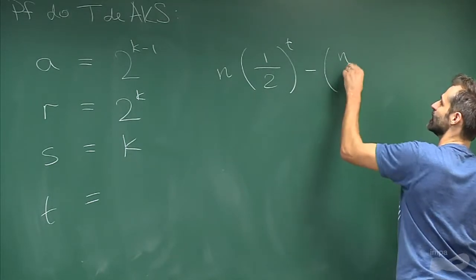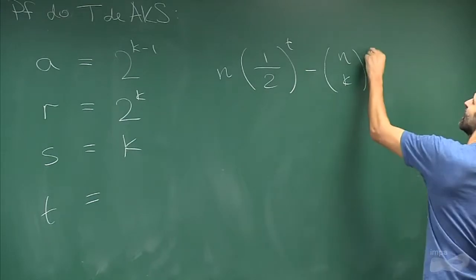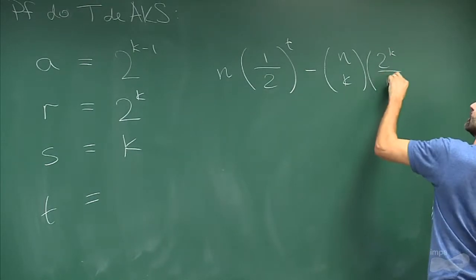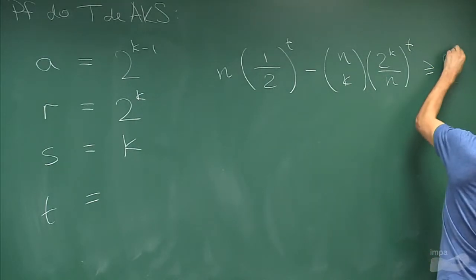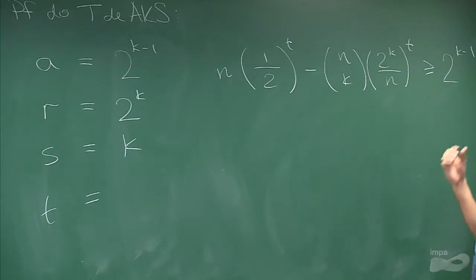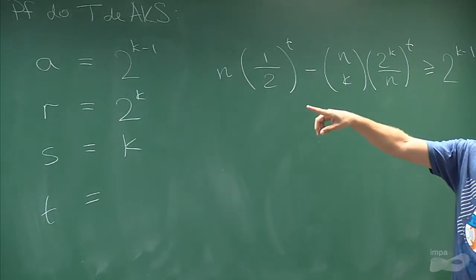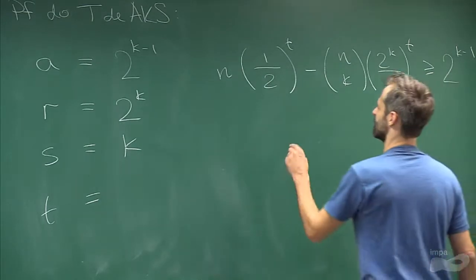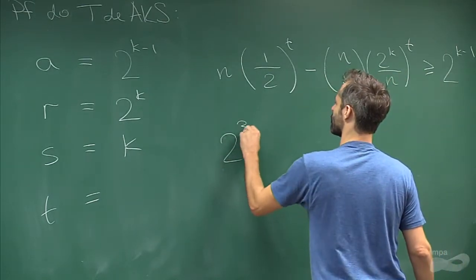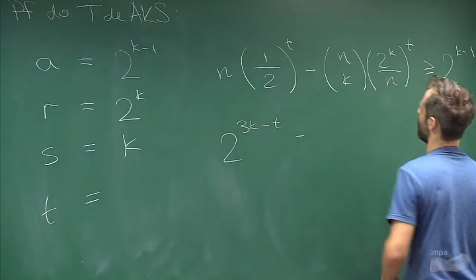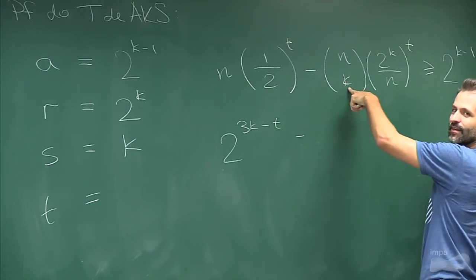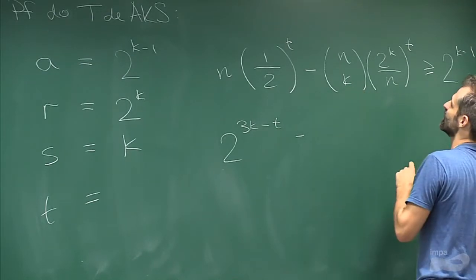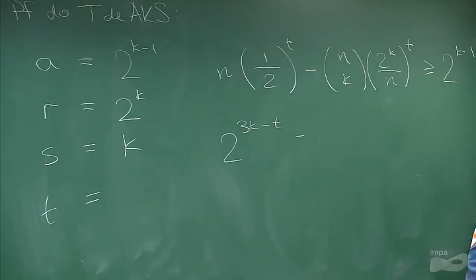Minus n choose k times 2^k over n^t should be at least 2^(k-1). Now, what are we putting n to be? n is 2^(3k). So this is 2^(3k-t) minus, let's be a bit more careful this time. No, perhaps I'm talking nonsense, but I don't need to be more careful.